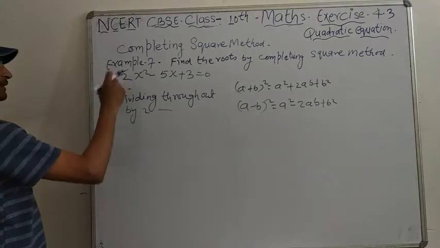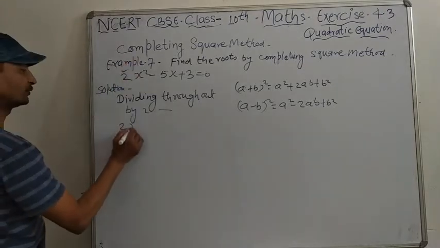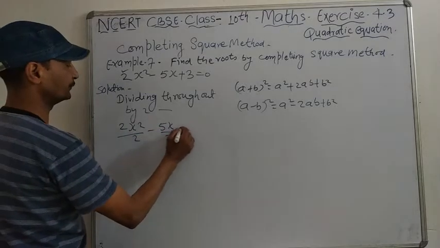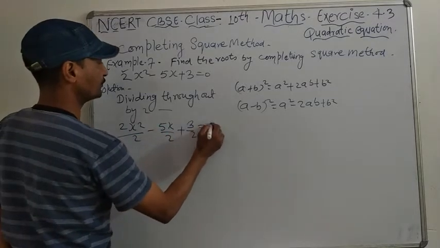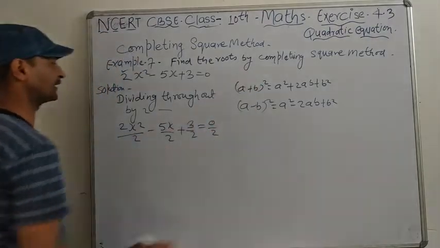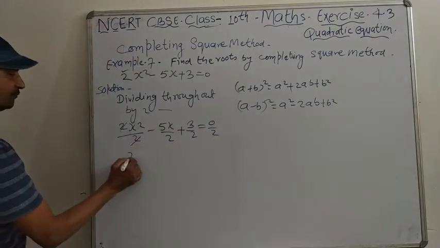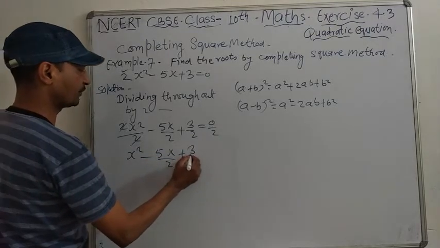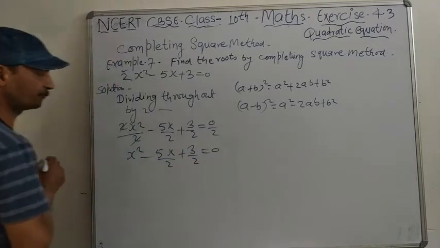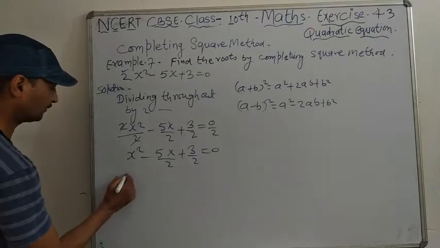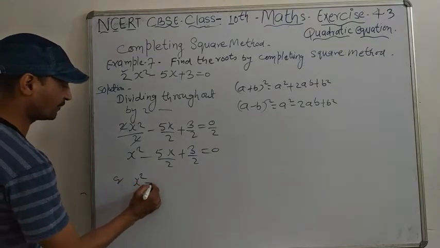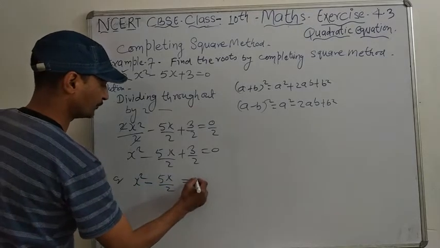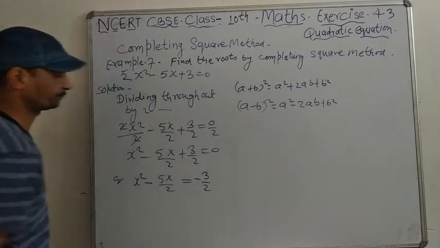Each and every term is divided by 2: 2x square by 2 minus 5x by 2 plus 3 by 2 is equal to 0 by 2. This cancels, getting x square minus 5x by 2 plus 3 by 2 equals 0, or x square minus 5x by 2 equals minus 3 by 2.